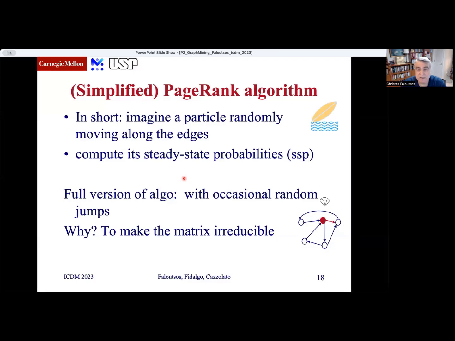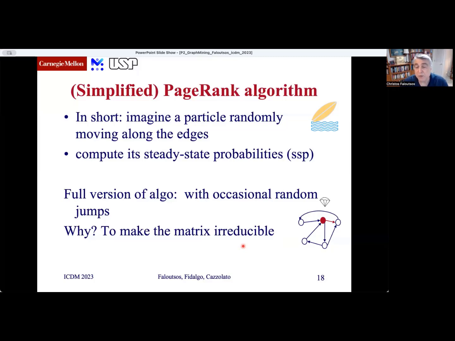This simulates somebody who is surfing the web, goes around and then says, I'm bored, let me go to some other topic. But these random jumps have a very important mathematical significance. They make the matrix irreducible, and the Perron-Frobenius theorem we saw before applies, and we have a steady state.